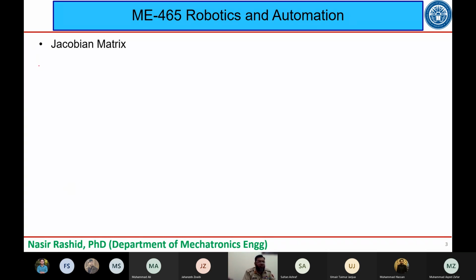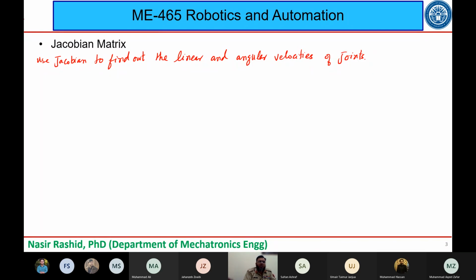So Jacobian matrix is used. We will use Jacobian to find out the linear and angular velocity of joints.